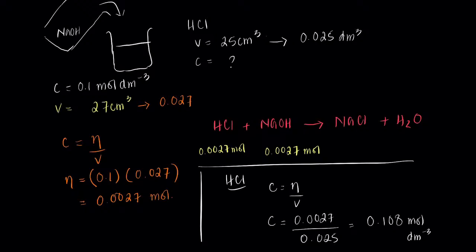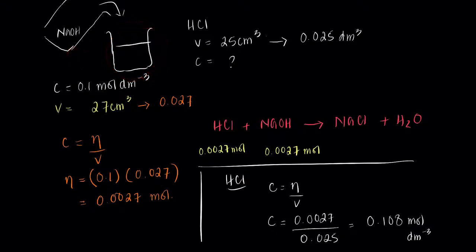This is the most common calculation-oriented lab procedure for chemistry, even in A levels. Okay, this is what titration is. You found out the unknown for this solution by reacting it with something that's known.